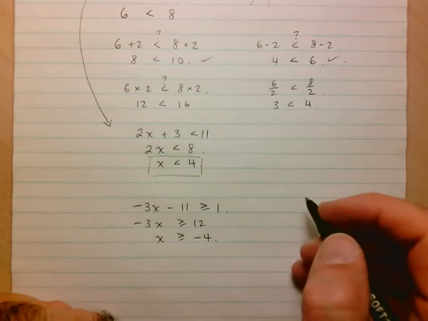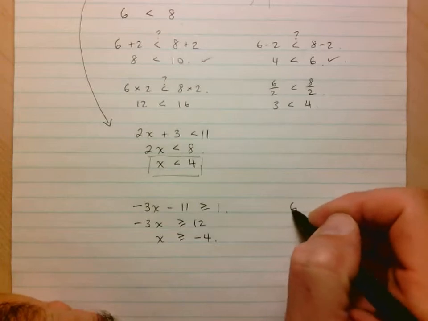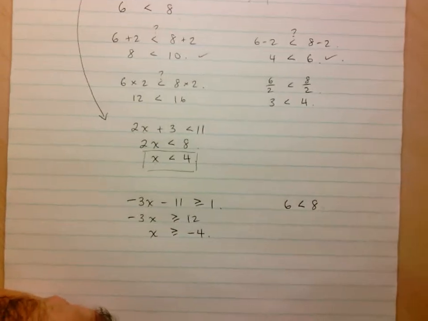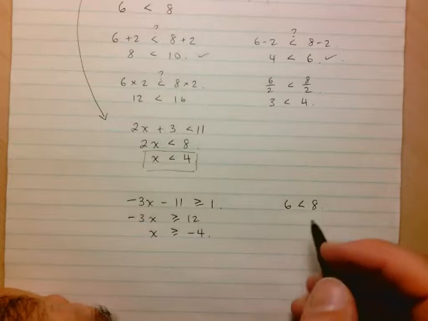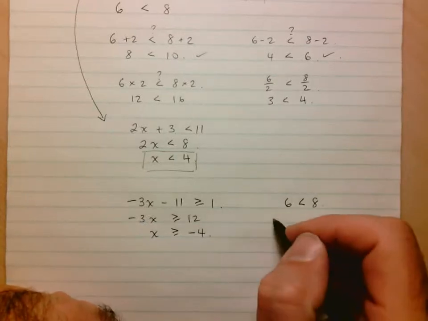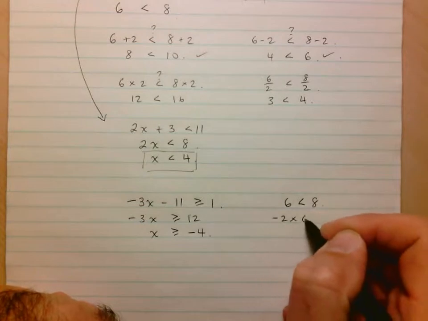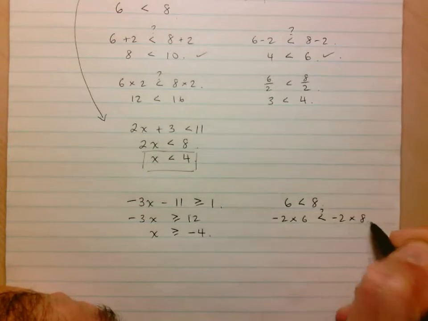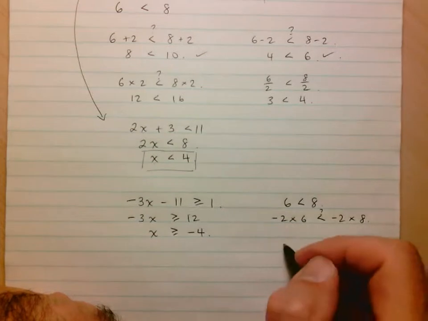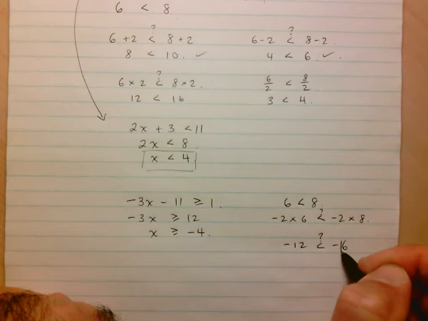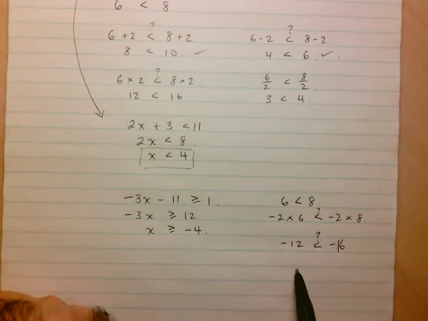Let's go back to our example of 6 being less than 8. Say I multiply both sides by a negative number. Negative 2 times 6, is that still less than negative 2 times 8? Here we have negative 12, and here we have negative 16, and we see that it does not work.